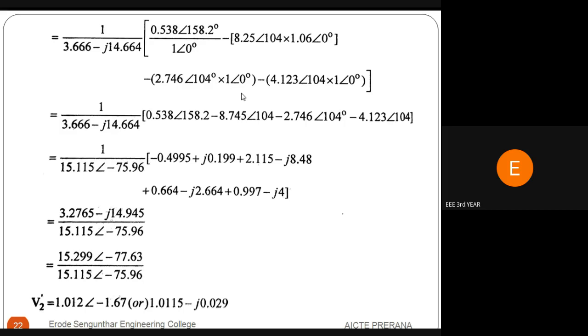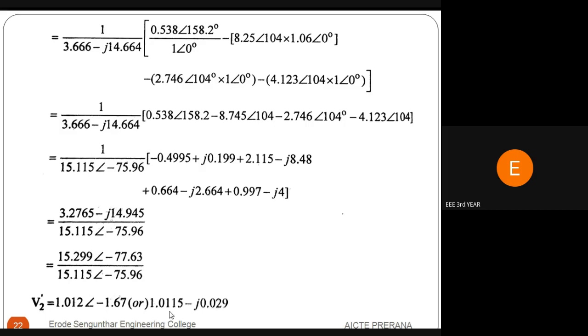Then only you can solve the problem very easily. After solving, we will get the final value as V2 new equal to 1.012 at an angle of minus 1.67 degrees. This is polar form, which can be written in rectangular form.